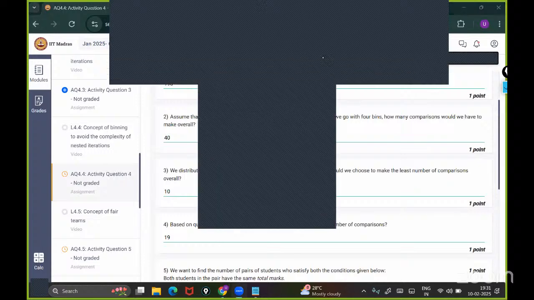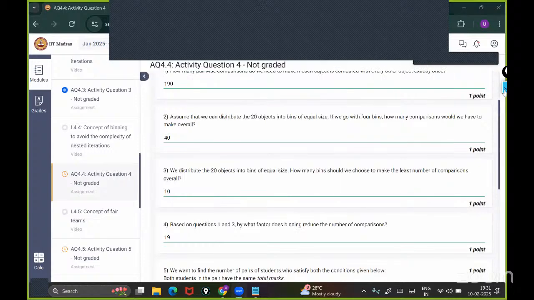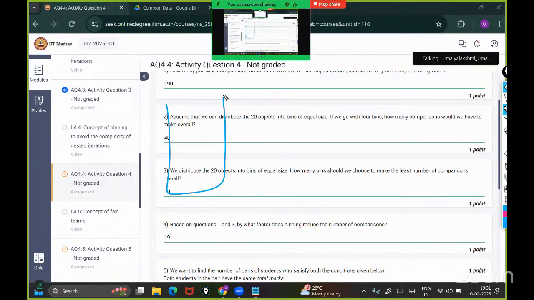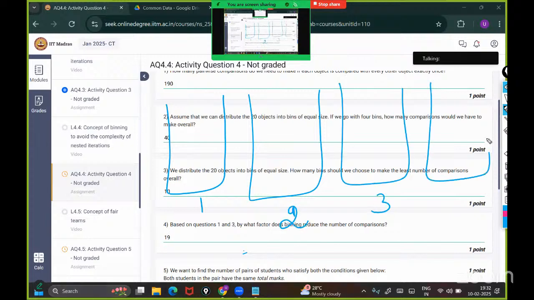So here, let's say they are taking 4 bins. 4 bins in the sense of how many elements each bin will contain. 20 elements has to be divided into 4 equally, which means how many elements will each bin contain? 5.